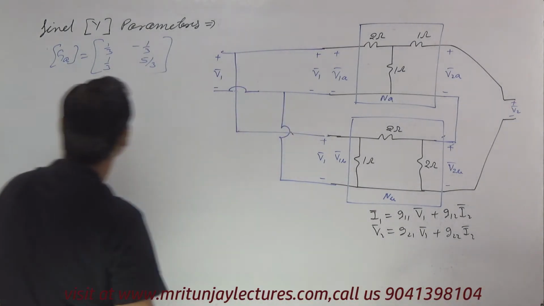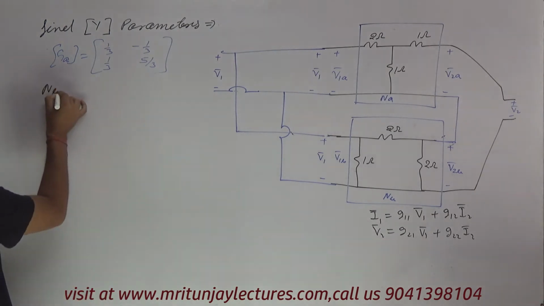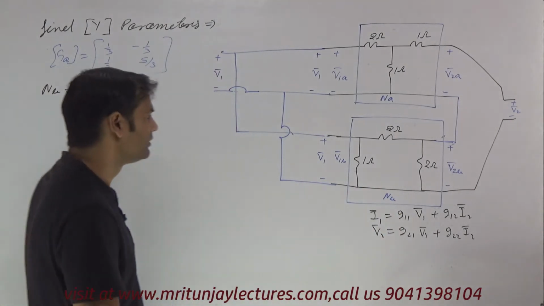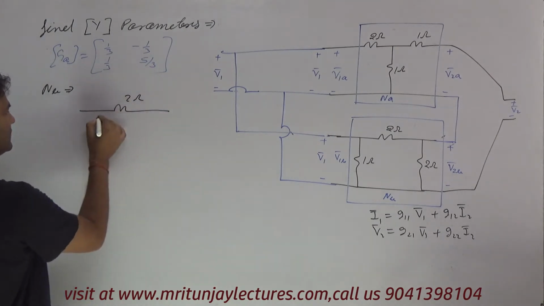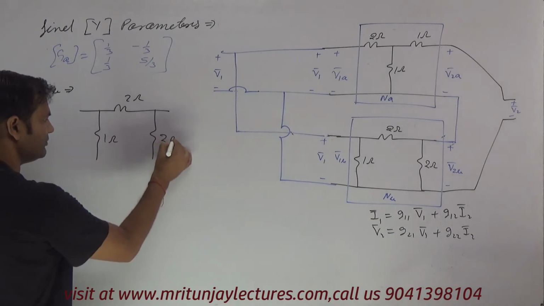Now the second circuit, NB, like this: 2 ohm, 1 ohm, and 2 ohm.